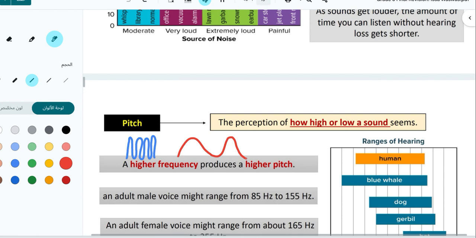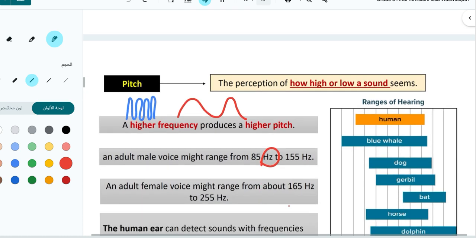An adult male voice has a frequency, so frequency is measured in hertz, of 85 to 155 hertz. So as I was doing in some of my classes, a low frequency sound would be really low like this, whereas an adult female voice has a range from 165 hertz to 255 hertz. So my high frequency sound would sound more like this.